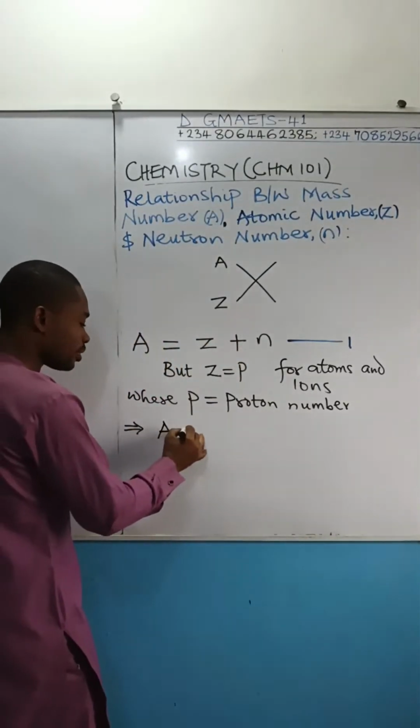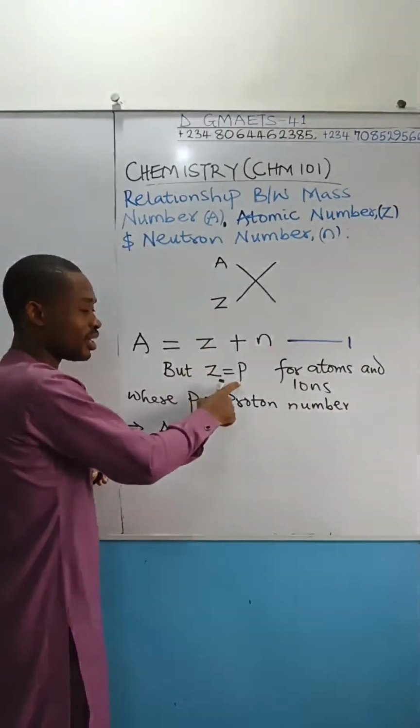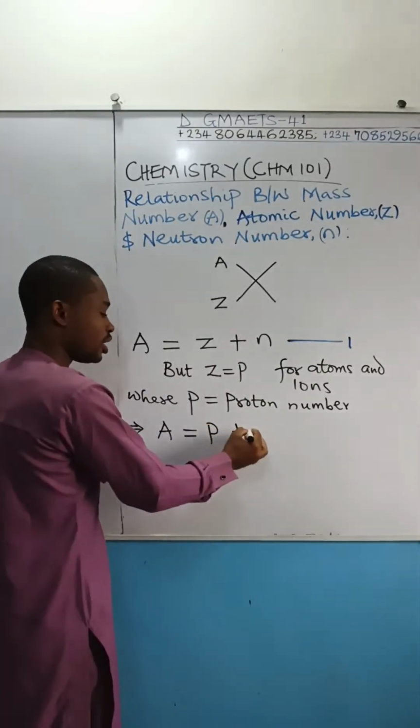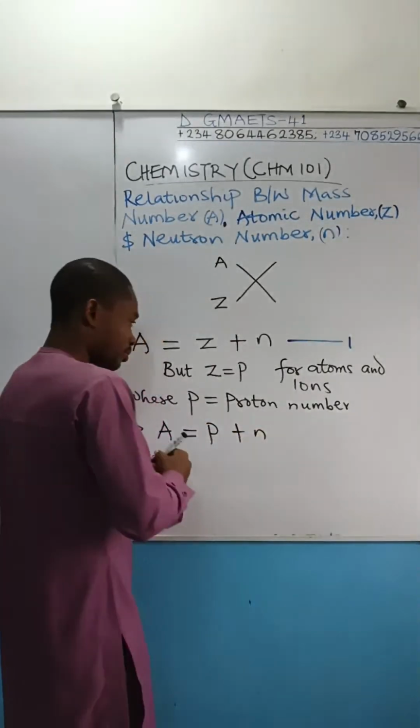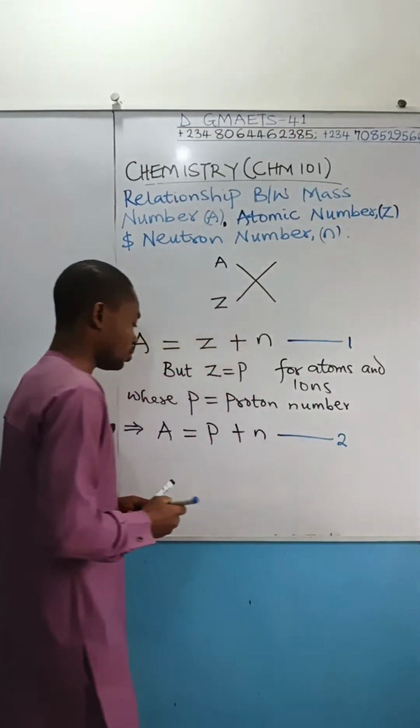So mass number can still be written as, instead of atomic number, we substitute proton number, then plus N, neutron number. Let us take this as equation 2.